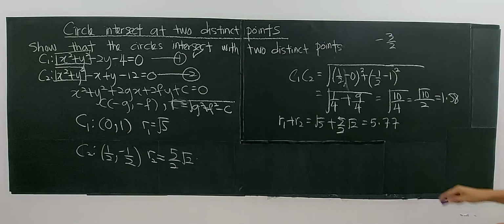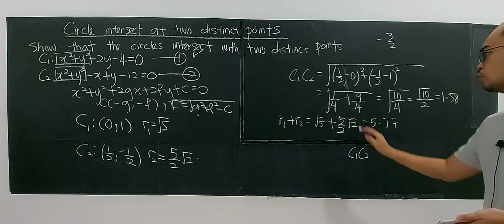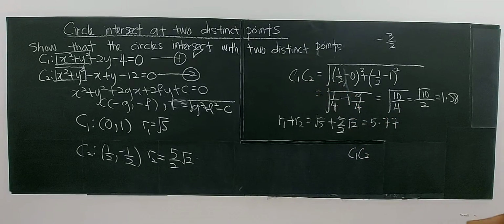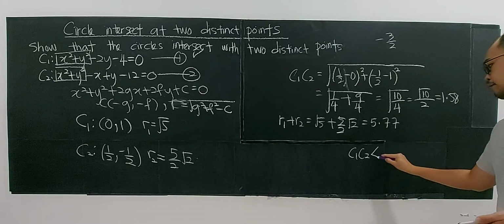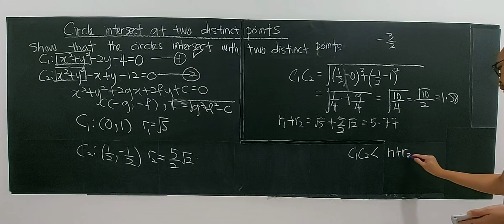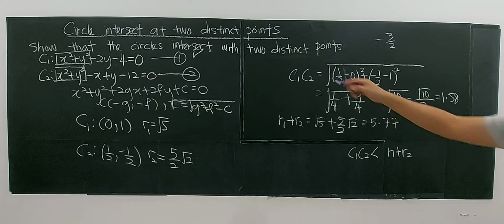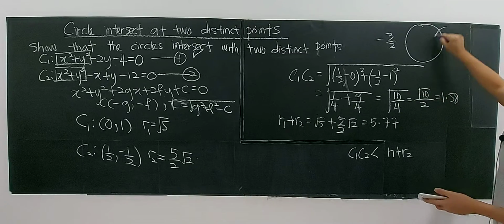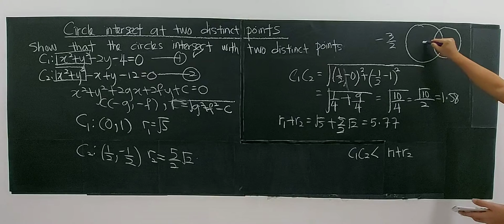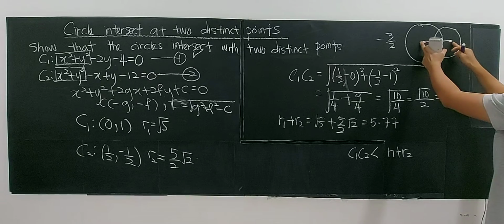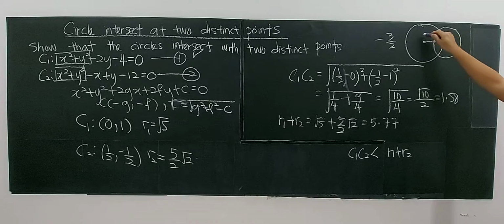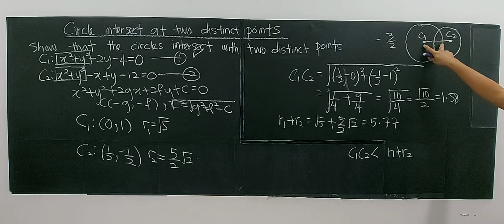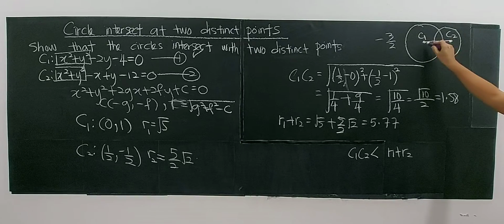So you see that the distance between the two centers is less than the sum of the radii. This shows that these two circles are actually intersecting, because when they intersect, the distance between the two centers will be less than the sum of radius 1 and radius 2.